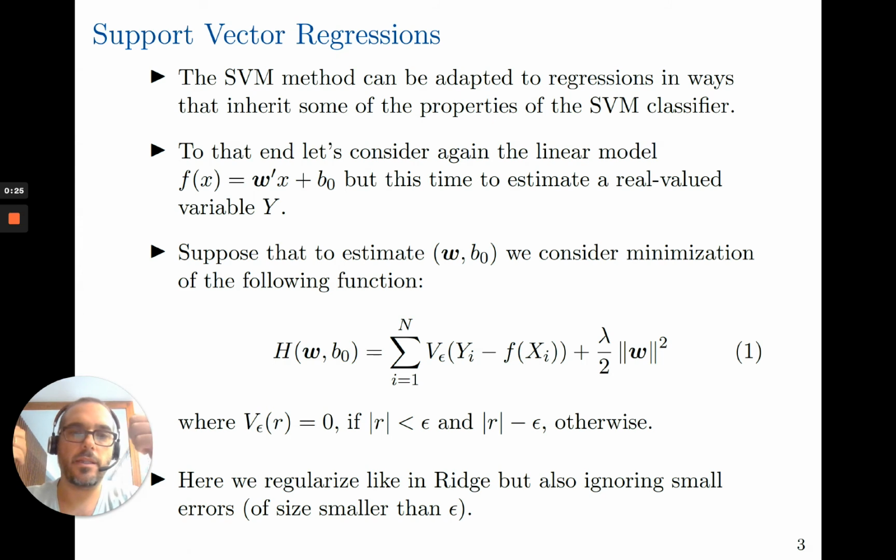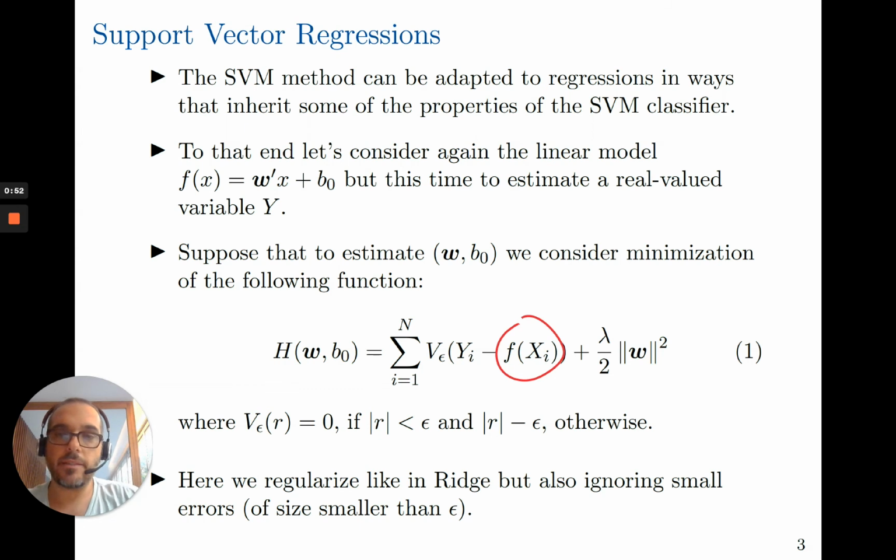So the idea is that we are going to adapt support vector machines to do regression problems. Basically, the main thing is that we are going to look for a regression function f, that can be linear or non-linear, and non-linearity will be introduced by the kernel trick as we did before.